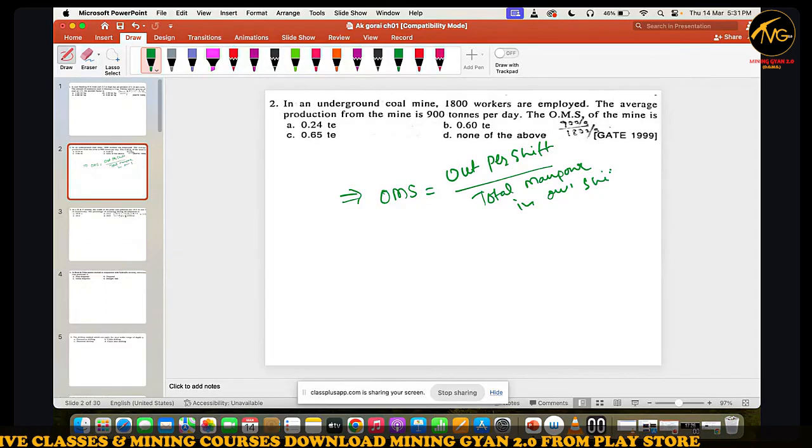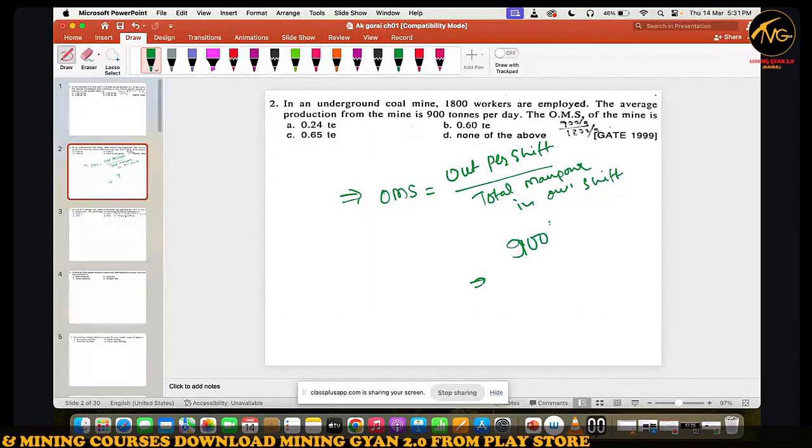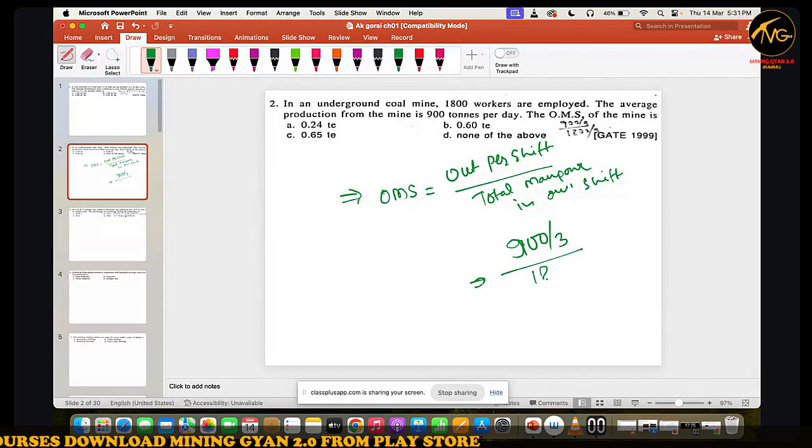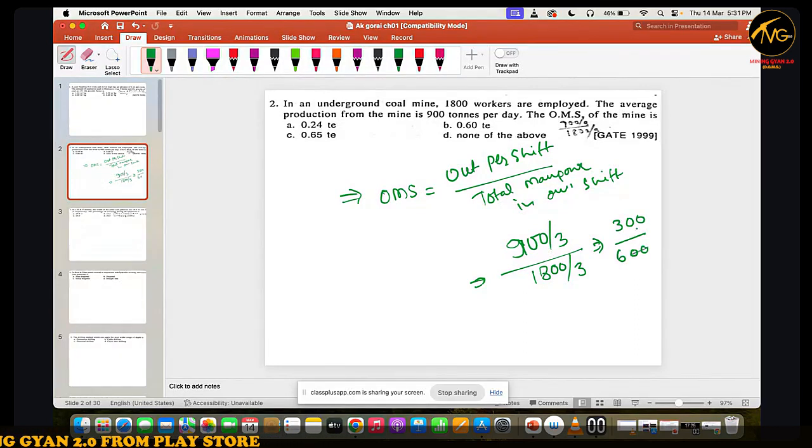So output per shift is 900, divided by 3, and total manpower 800 total per shift 3, so it will come as 0.5, which is not in the answer.